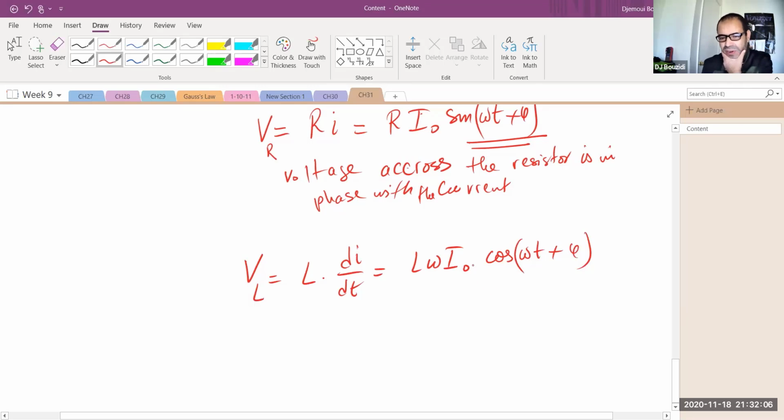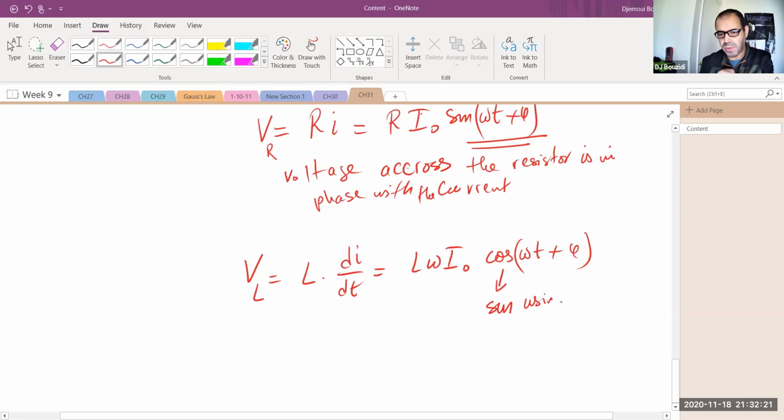When you take the derivative of the sine, it becomes a cosine. I'm going to make this cosine back to a sine because I don't like it, but now not because of the assumptions, using trig.